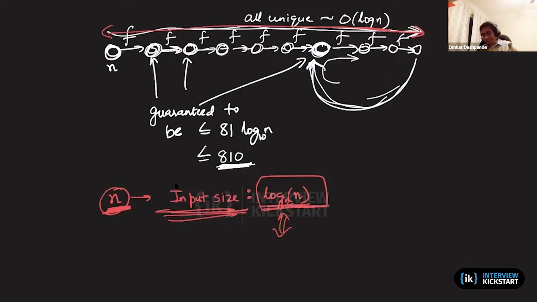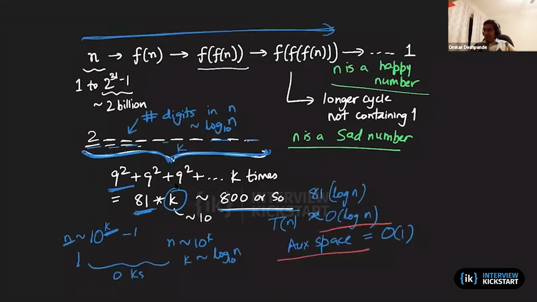If n is a long or some other new data type, this can be very big.